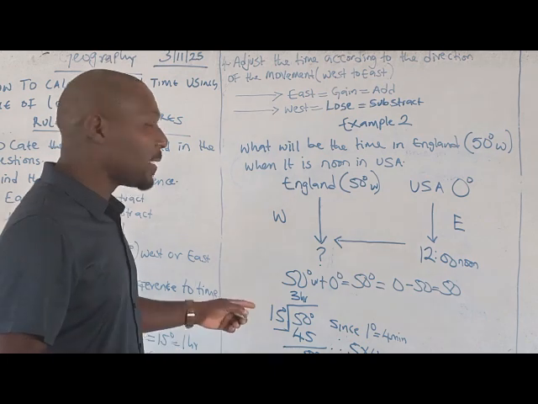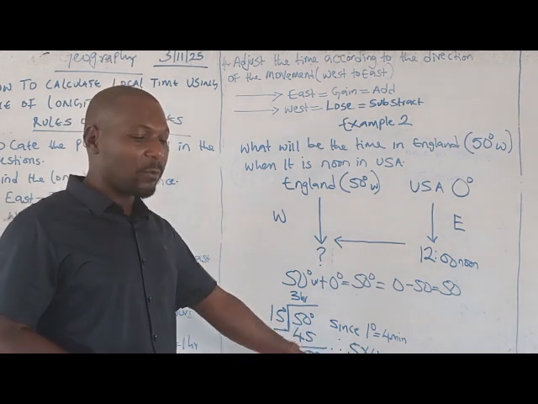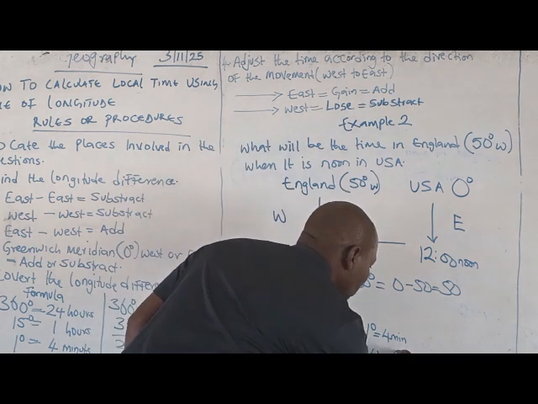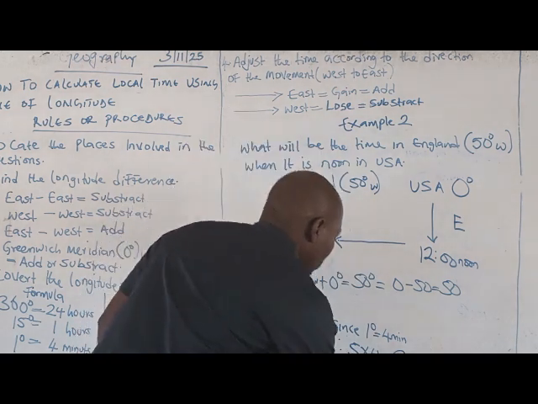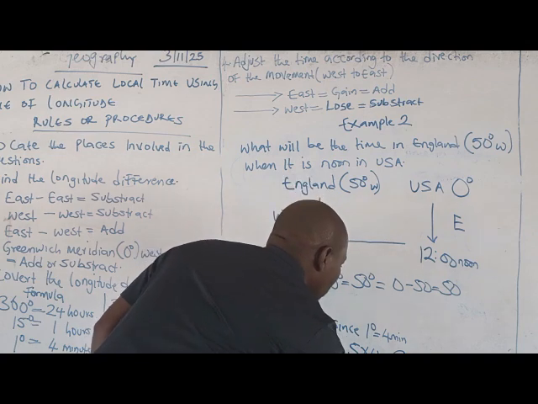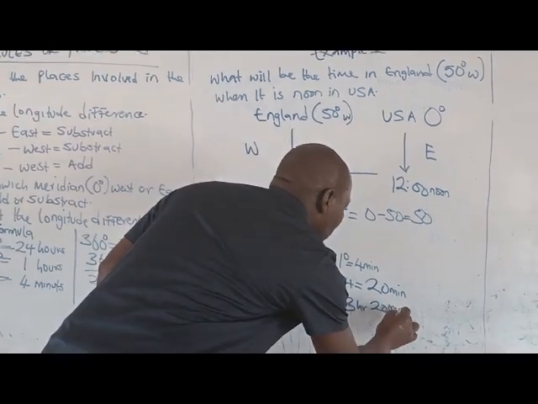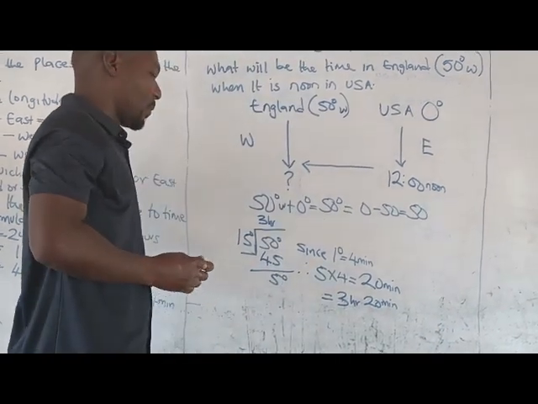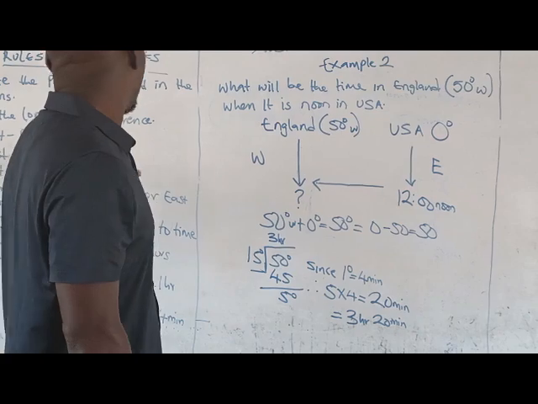Anything that remains, we are multiplying it with 4. And we get 20 minutes. So for now, it's equal to 3 hours 20 minutes. Then we'll go to rule number 4.